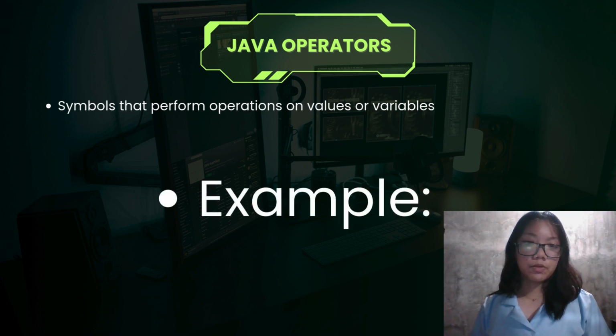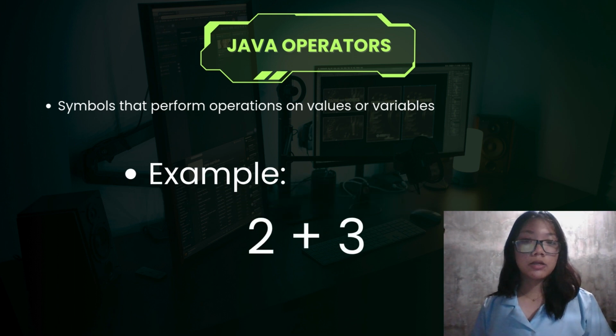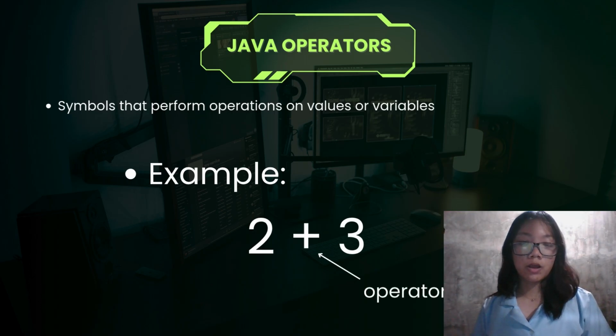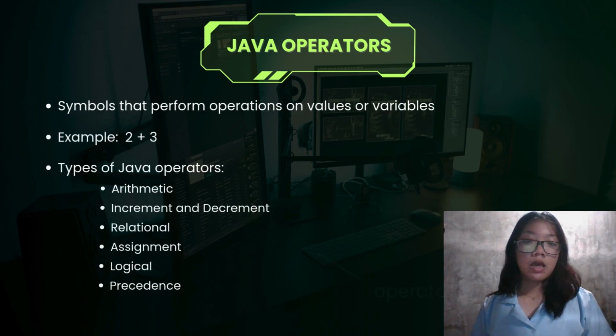For example, when we write 2 plus 3, the plus sign is an operator. Without operators, our program would not be able to process data effectively. Java has several categories of operators, and we'll go through them one by one with examples.